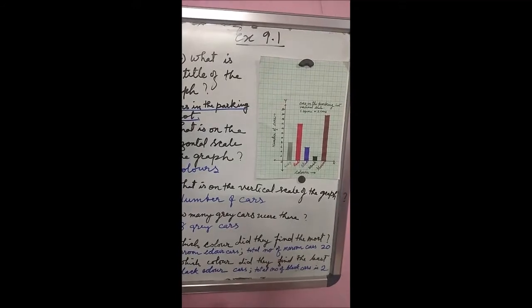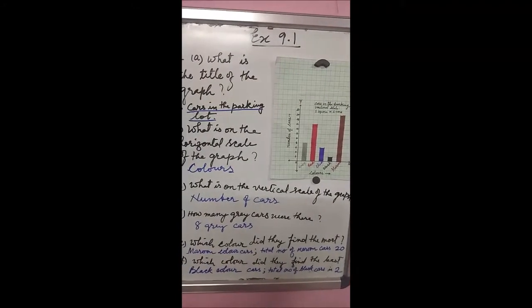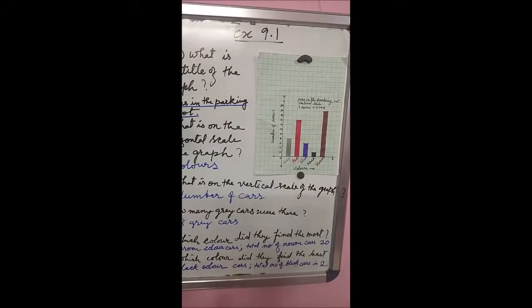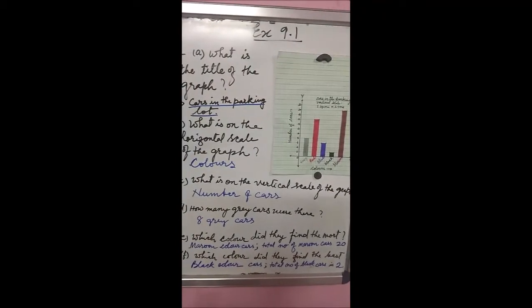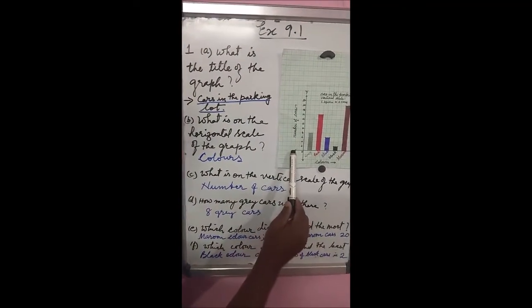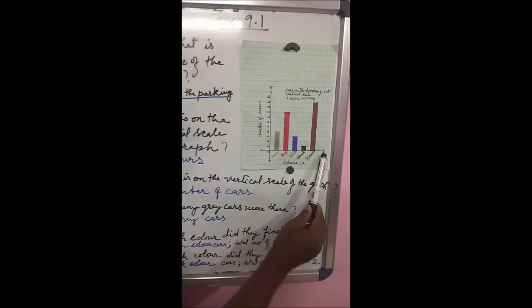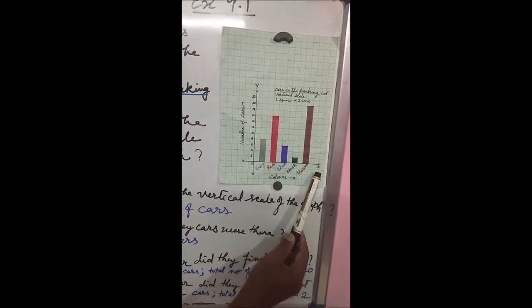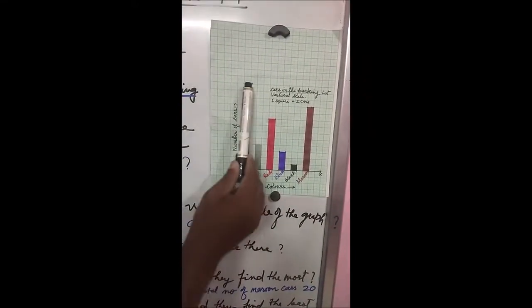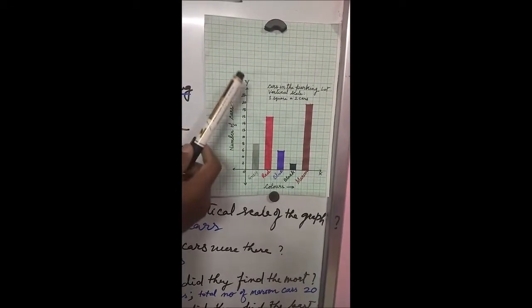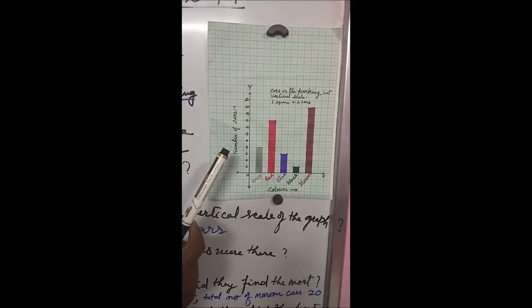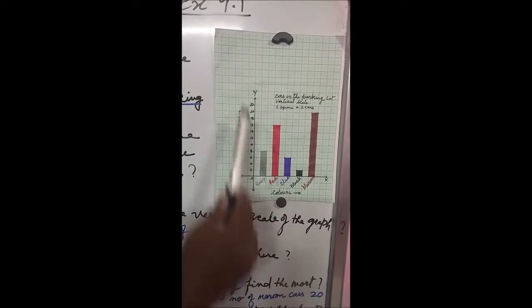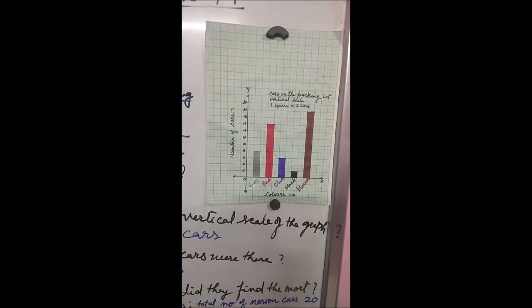Okay, and every bar graph should have the horizontal and vertical scale. So this is the horizontal scale, you can see marked as X, and this is the vertical scale marked as Y. So every bar graph should have a horizontal and vertical scale.